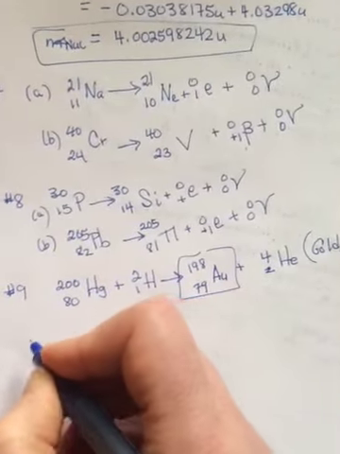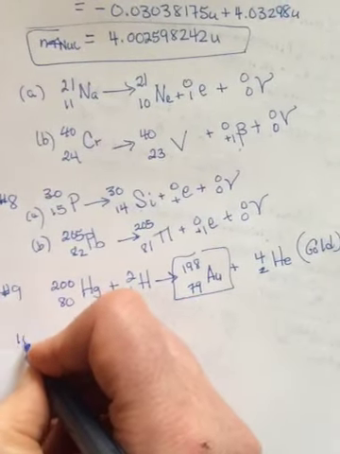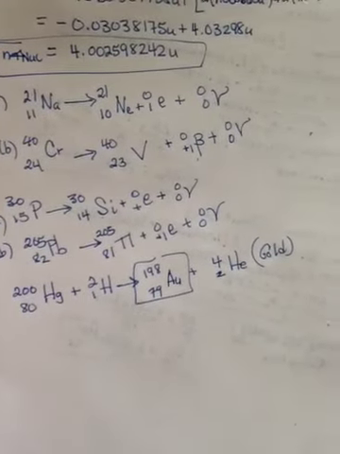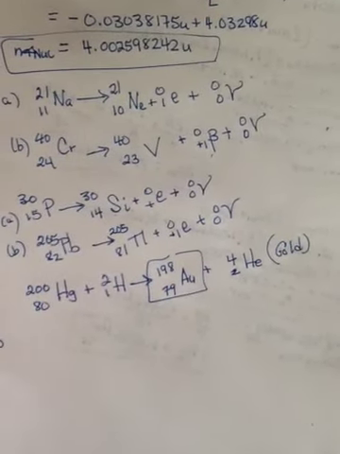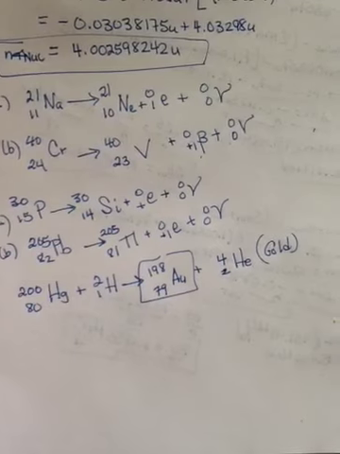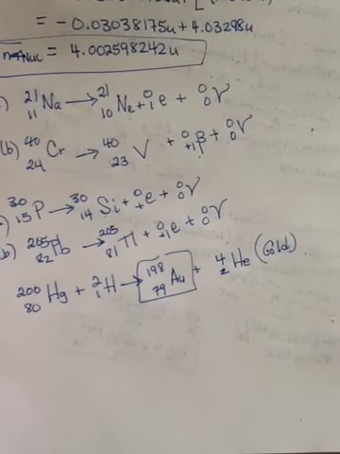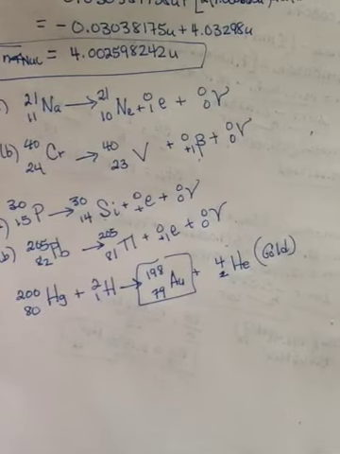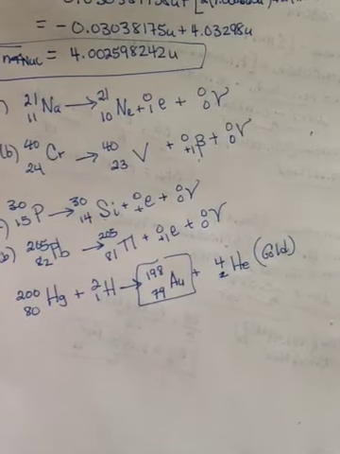And the second part wanted you to actually write out the equation. I think you probably needed to write out the equation before you figured out it was going to give you gold.